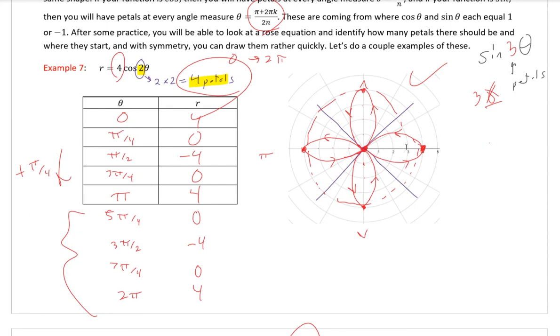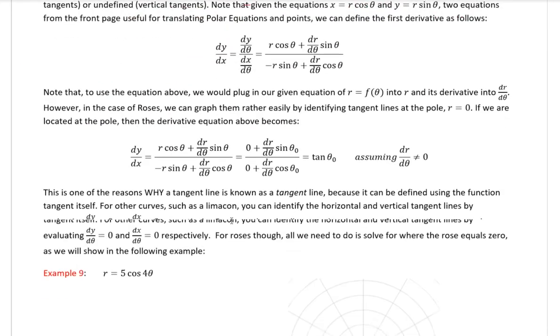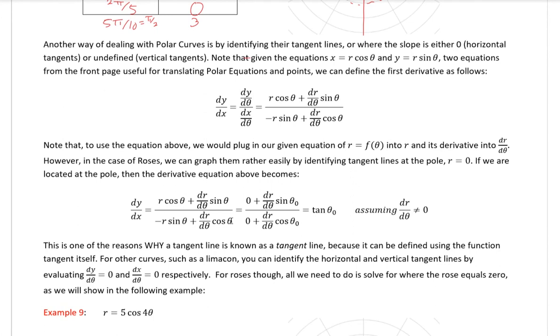The function is getting closer and closer to that. At that point, when I reach this origin here, this function looks like what we call a tangent line. And tangent lines are another way of trying to evaluate polar coordinates. Evaluate where the tangent lines are, and then you can evaluate the curve in another way.